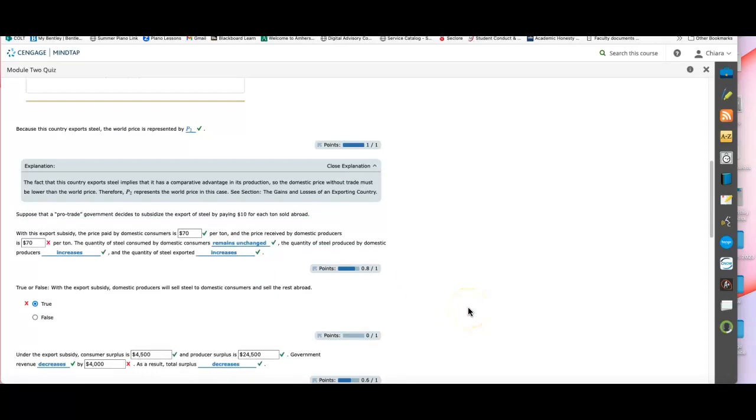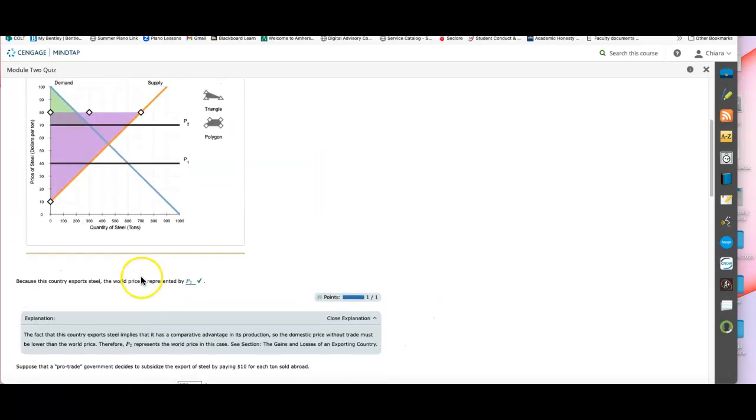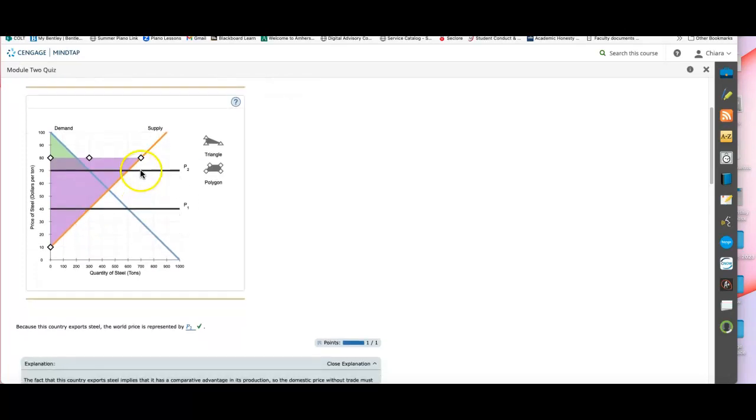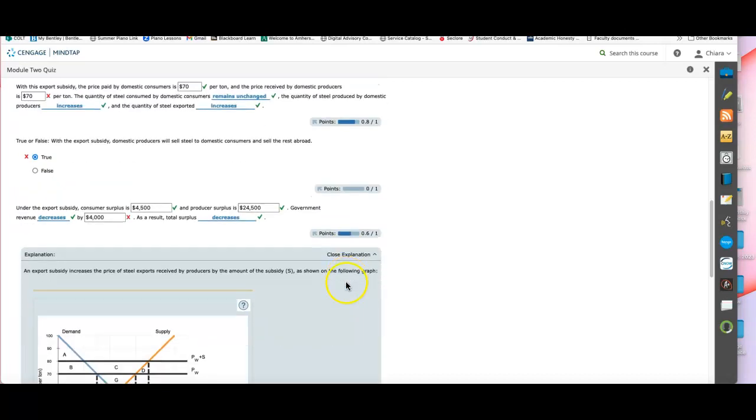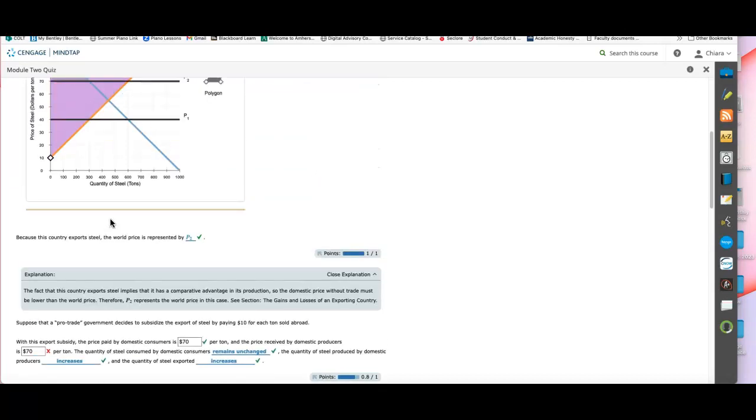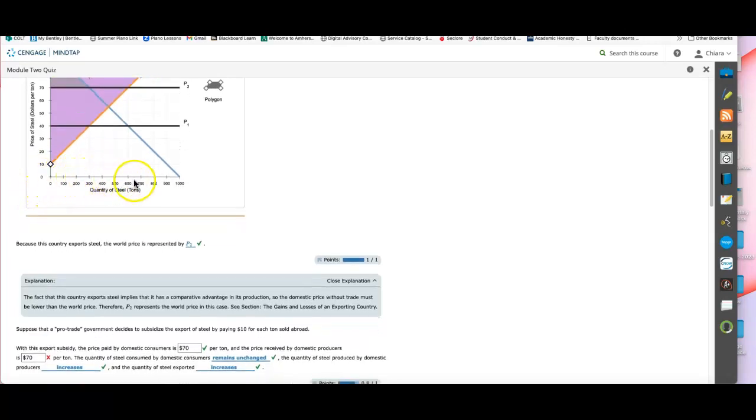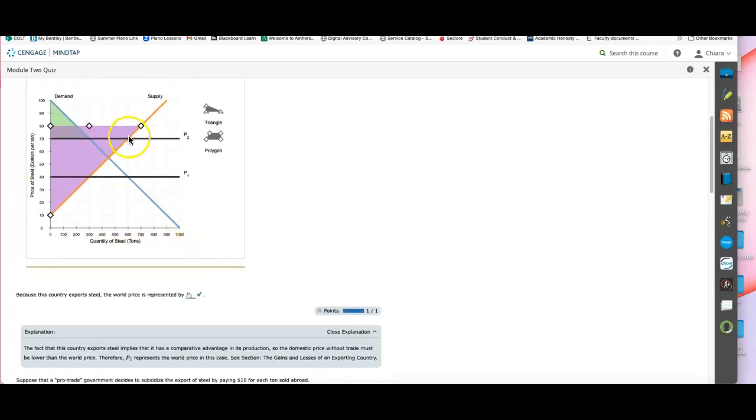The government is paying $7,000, because it's going to pay the $10 on the whole amount that supply is going to produce at the $80 level.